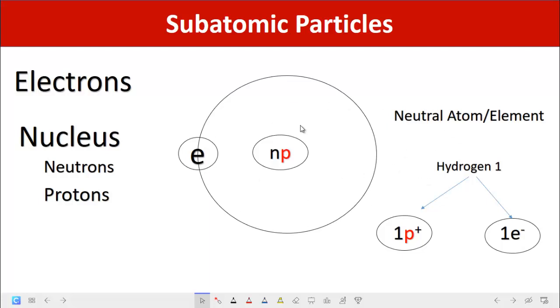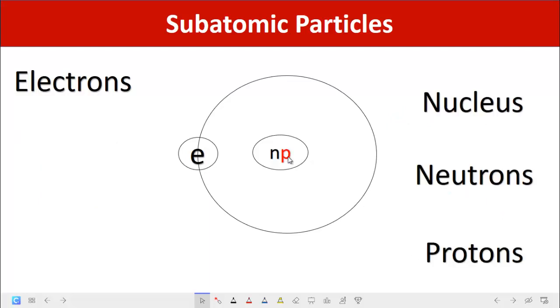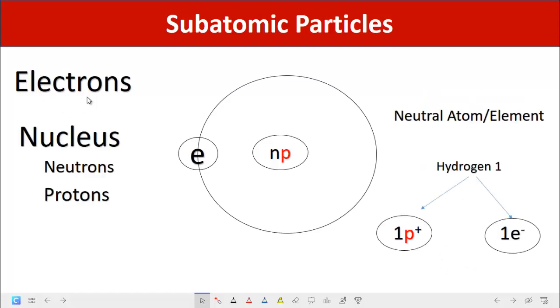An atom is neutral or in a static phase if there is an equal number of protons and electrons. For example, hydrogen 1 has 1 proton, and P is positive. We know this is the nucleus made up of neutrons, which are neutral or zero. This one is the proton, which is positively charged, and the electron is negatively charged.